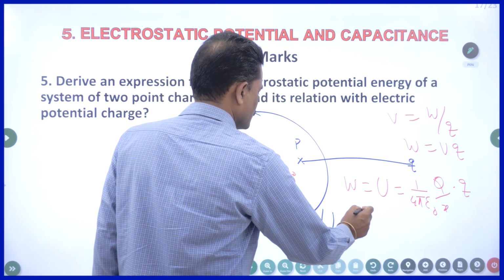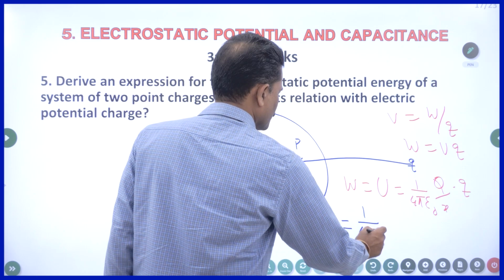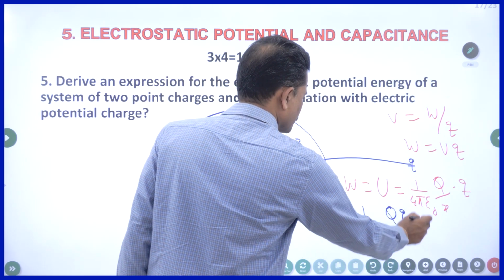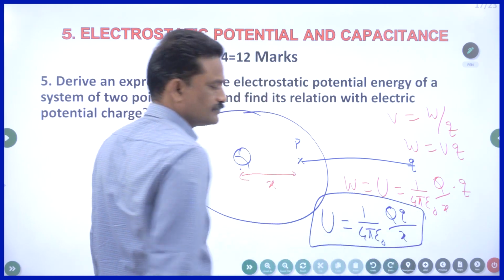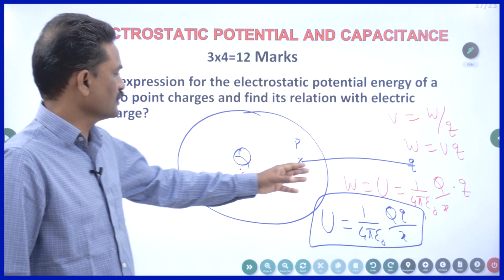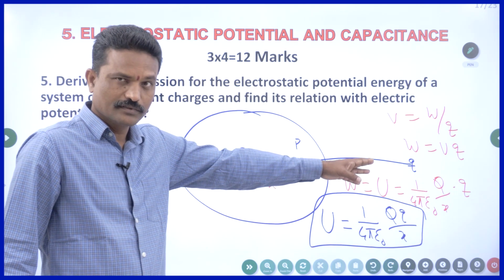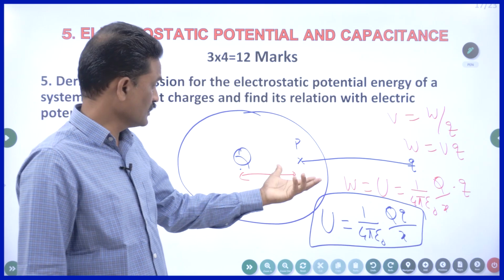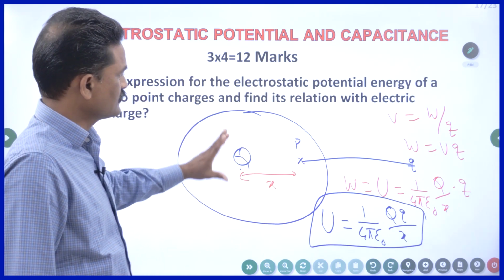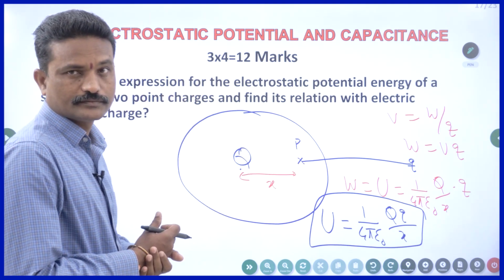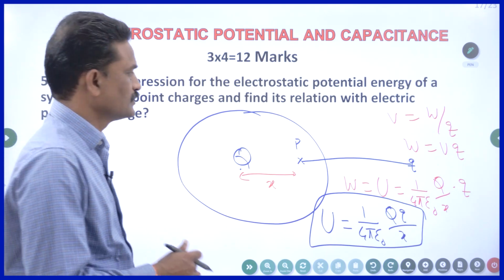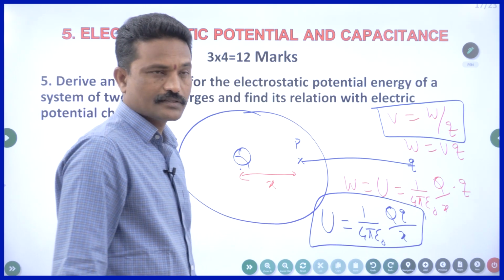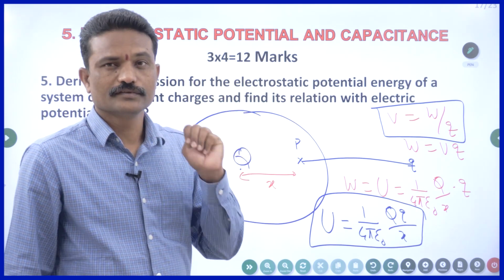The final expression is U is equal to 1 by 4 pi epsilon naught big Q times small q divided by X. That's all. The work done in bringing small charge q into the field of big charge Q against its wish is stored as the potential energy. Very simple. If you remember this, that is enough. Is this clear? Right. Only 4 steps, 4 marks.